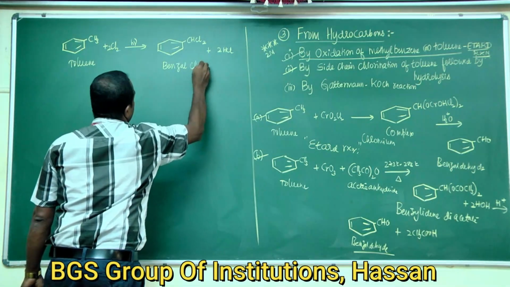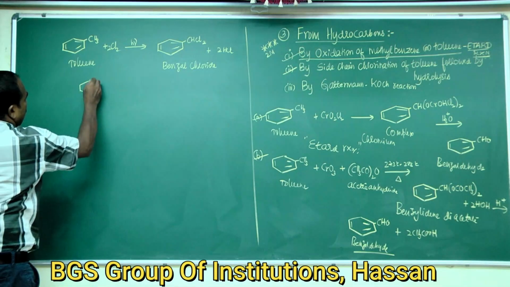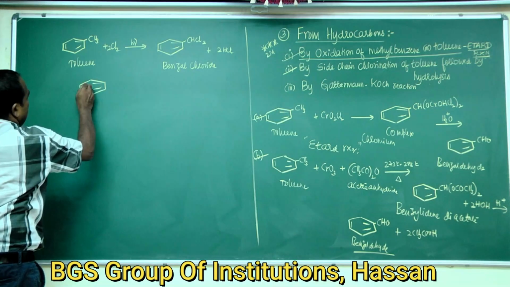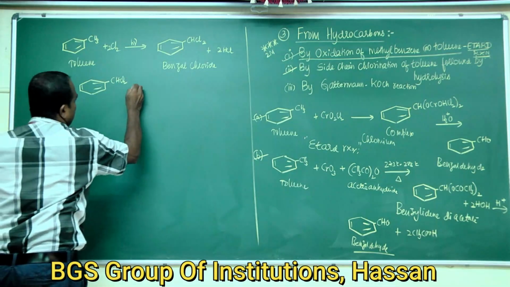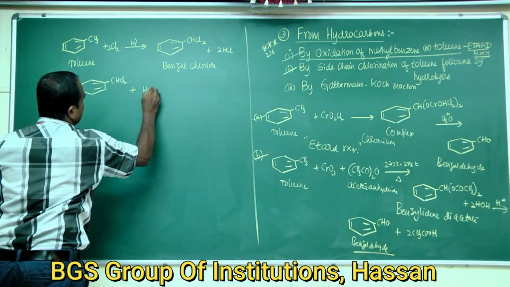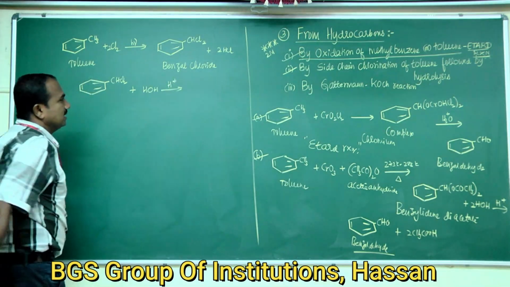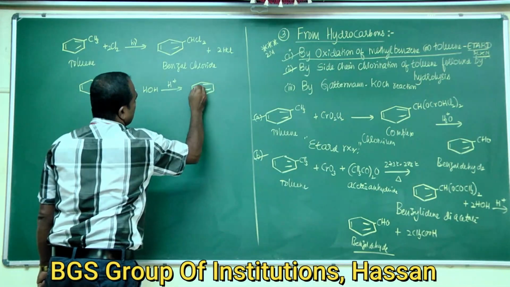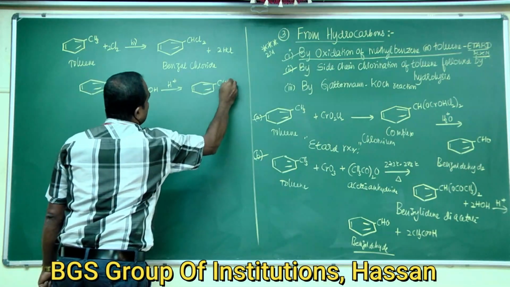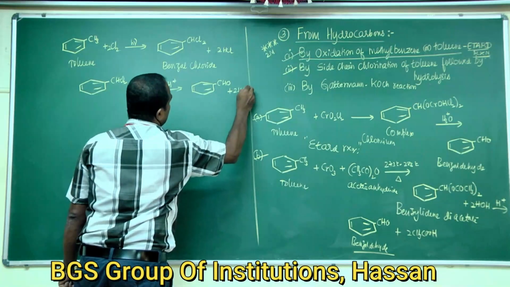Benzyl chloride formed, on hydrolysis in presence of dilute acids, gives benzaldehyde. That is a benzene ring connected to CHO plus 2 HCl.